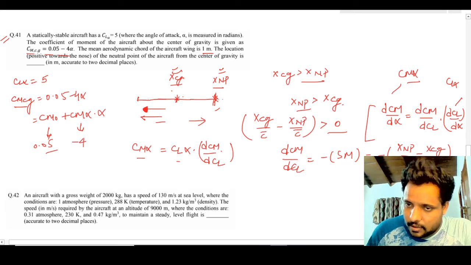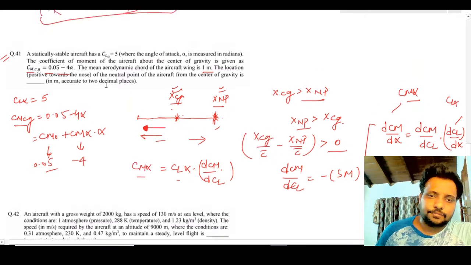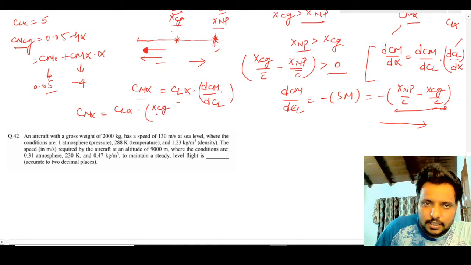This is basically taken as positive when the sign convention is from this direction to this direction. So what I can write here is Cm alpha is equal to CL alpha times XCG by c bar minus XNP by c bar.